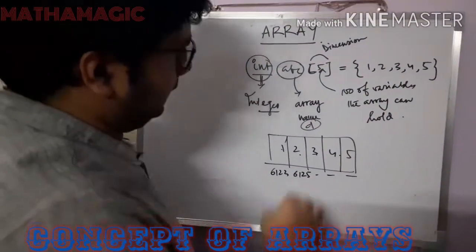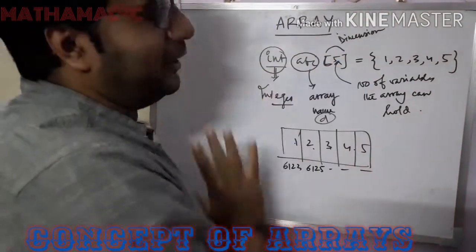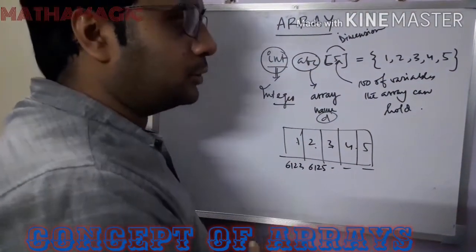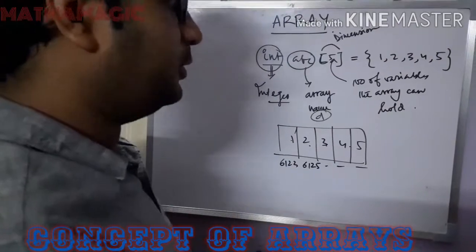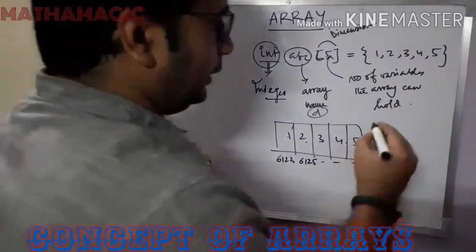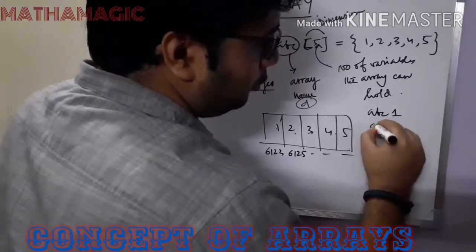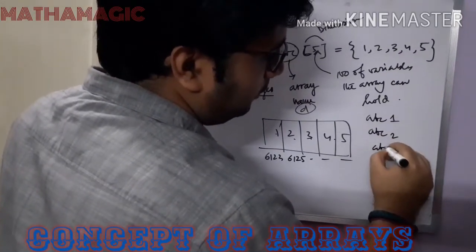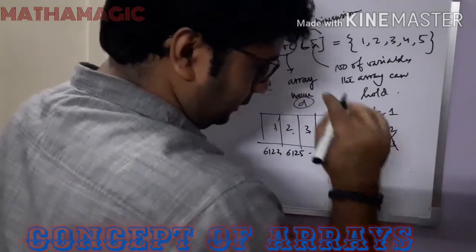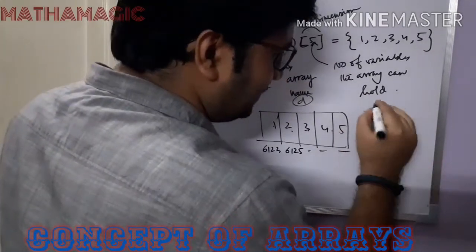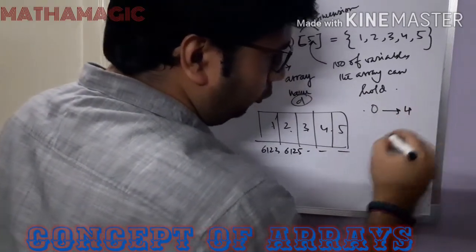Please try to understand that ABC 5 means there are 5 values. Be very careful, listen to me very carefully. You cannot initialize the variable names as ABC1, ABC2, ABC3. You have to start with 0 and go up to 4.